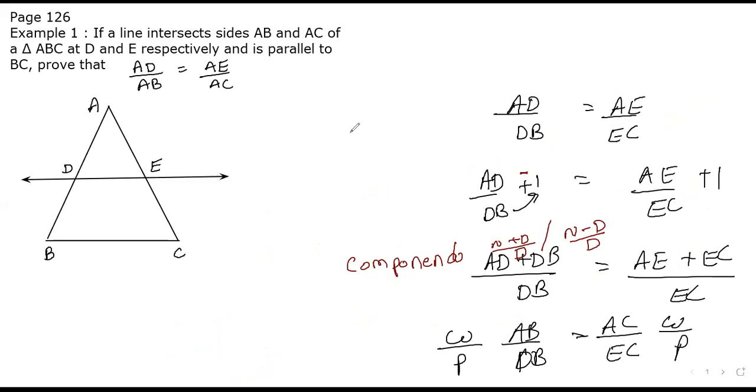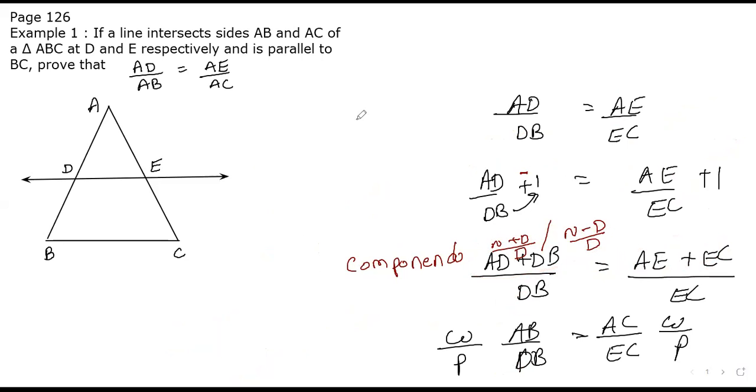Is it at the numerator or at the denominator? Whenever you add or subtract one, the numerator changes. The denominator has remained as it is. Always the numerator will change, whenever you apply the componendo or the dividendo part.